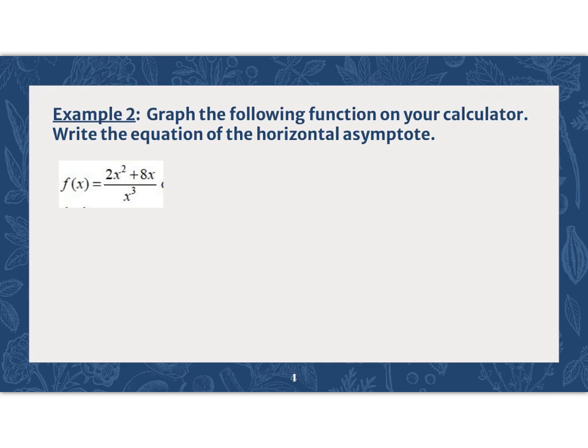I've got my graph, so I'm just doing some tracing and trying to see my y values. So I see that it is approaching y equals 0. Perfect. Now, in this example, my degree on top was 2, and on the bottom it was a degree of 3. So the degree of my numerator was less than the degree of my denominator, and I got y equals 0.